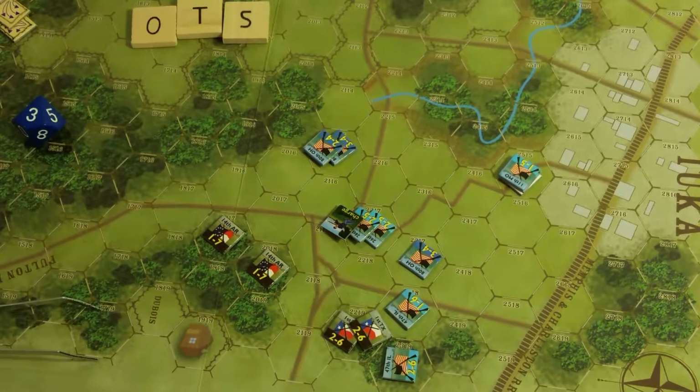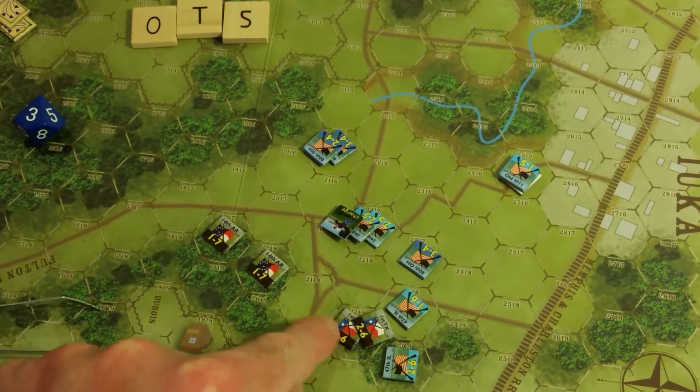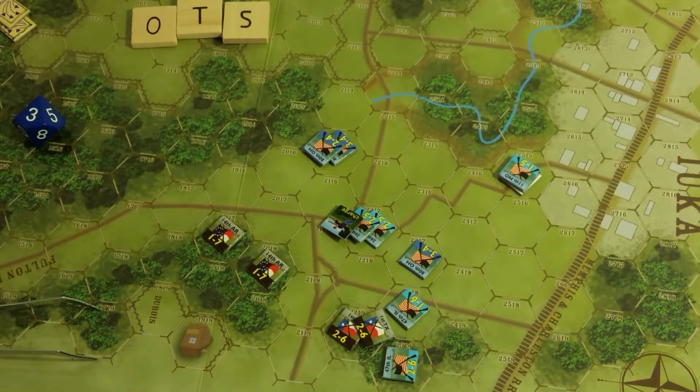Firing on the 2 fire line. Why is it 2? Oh, minus 1 for the wood terrain. Okay, so it is 3.